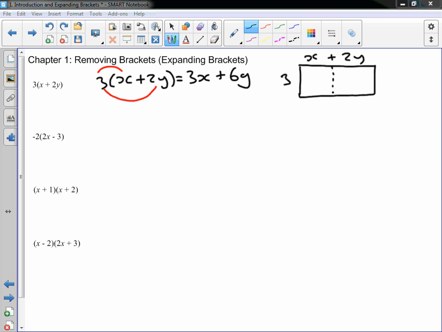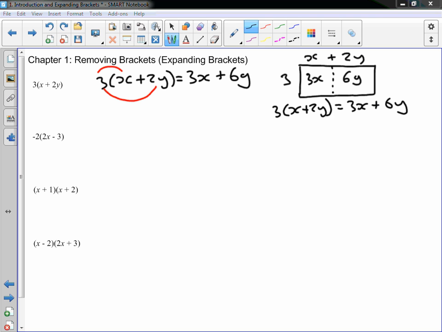So if we look at the rectangle, the left-hand rectangle within the rectangle is going to have an area of 3 times x, so 3x, and the right-hand rectangle is going to have an area of 3 times 2y, so 6y. So once again, our 3 lots of x plus 2y gives us 3x plus 6y.